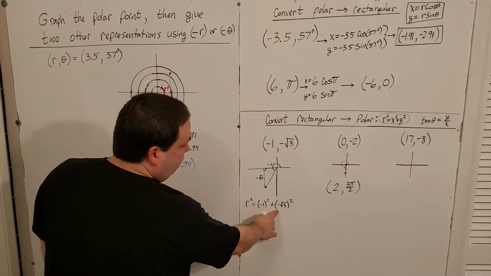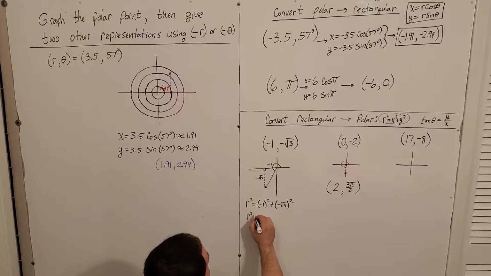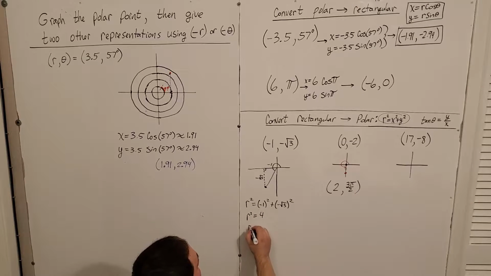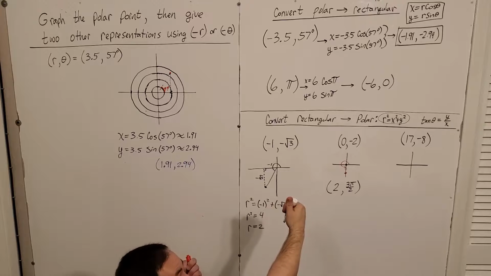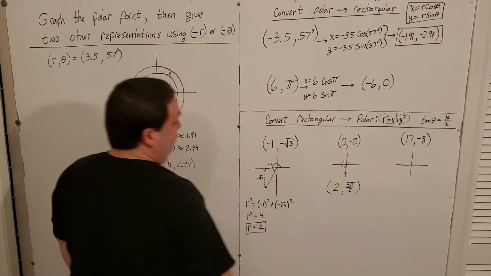That's just 1 plus 3, which is 4. So r must be 2. Now, think about it. It could have been plus or minus, right? We don't want to do the negative r unless I'm going in the opposite direction. Okay? So my r is 2.